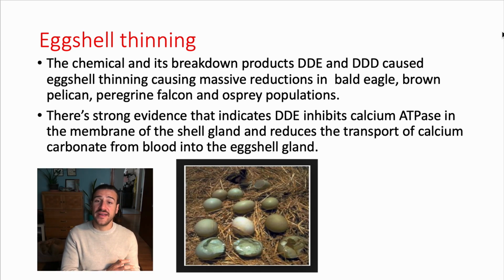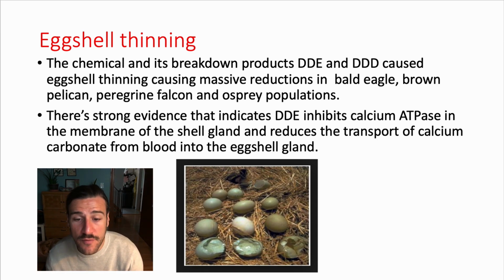You'll get bacteria breaking in and consuming the developing embryo, etc. So again, there's strong evidence, and researchers have found that DDE inhibits calcium ATPase in the membrane of the eggshell gland and reduces the transport of calcium carbonate from the blood into the eggshell gland.